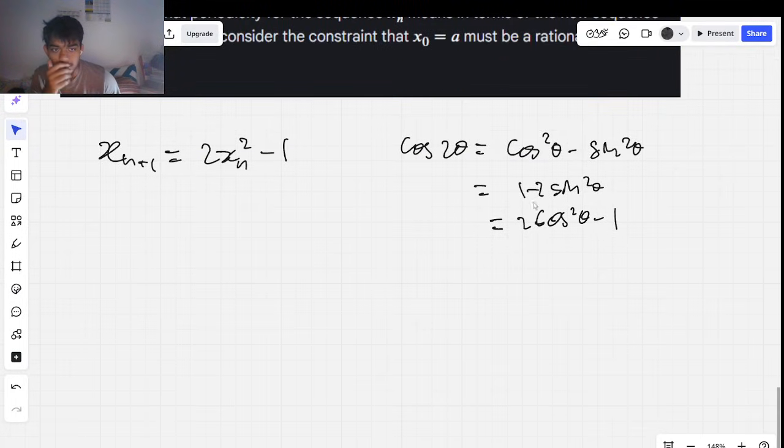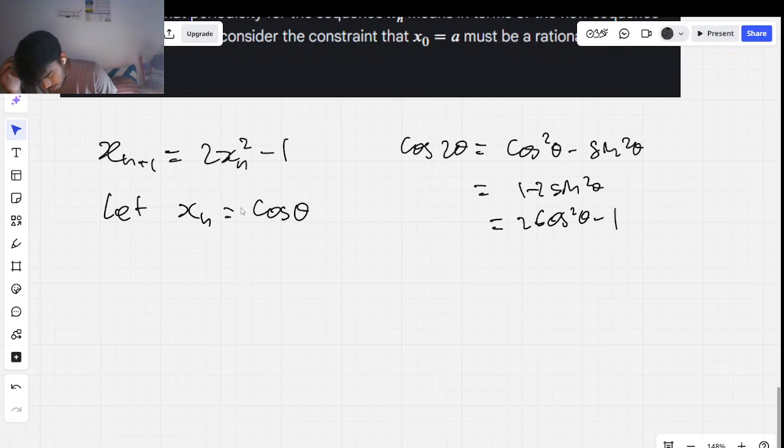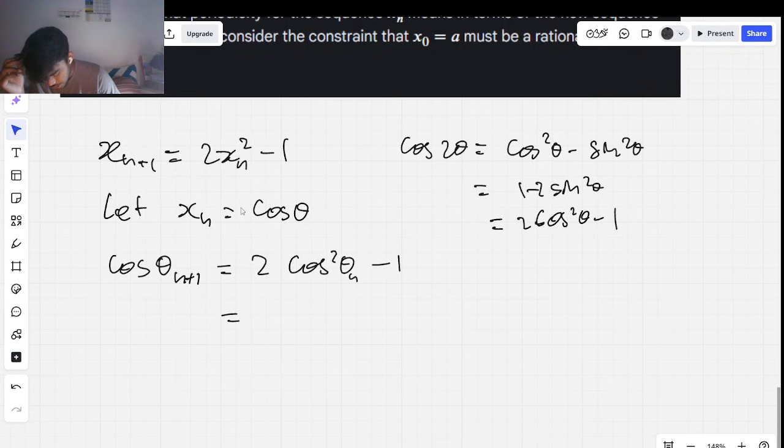Oh yes, so this one matches the format of this. So if I let x_n equal cos theta_n, then cos theta_{n+1} is equal to 2 cos squared theta_n minus 1, which is just cos 2 theta_n.